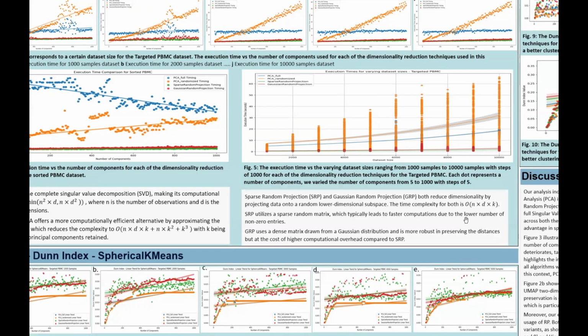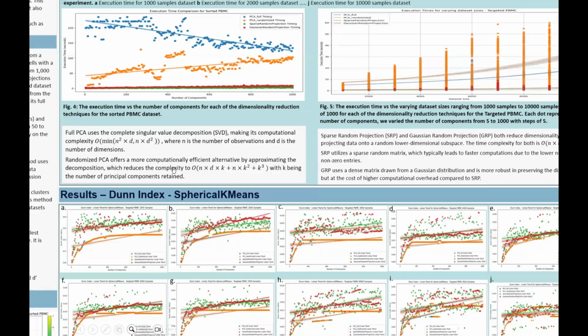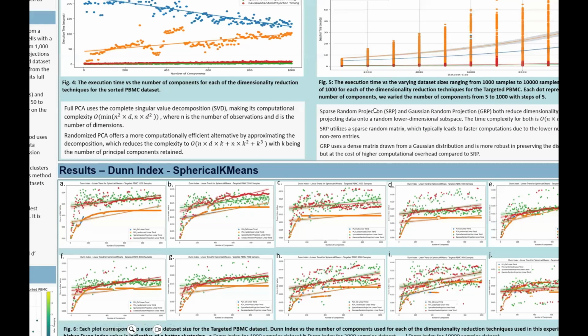So let's say you have a dataset of 1,000 features or 1,000 dimensions, and you want to project it into 50 dimensions. So d is going to be 1,000, and k is going to be 50, which you're targeting to lower the number of dimensions into. So the time complexity for PCA is much worse than random projection.